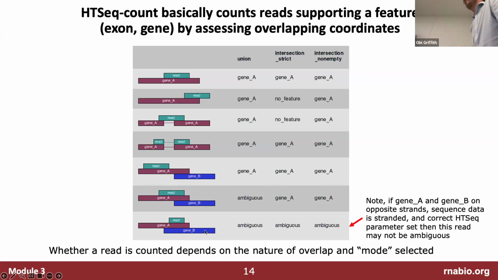It would be a reasonable theory that this one read that's overlapping the two is actually from the gene that is clearly expressed and not from the gene that's not expressed. And by not counting it, you're underestimating the abundance of that gene. You're missing out on some reads that should be assigned to it. It's not something that is done by HT-seq, not that I'm aware of. That doesn't have that level of sophistication, but you could.